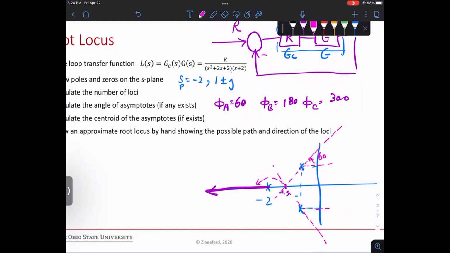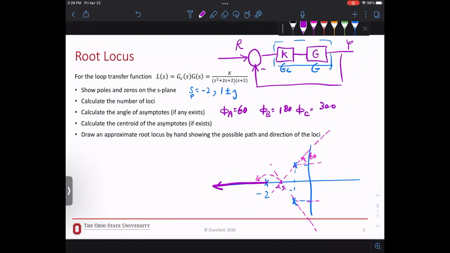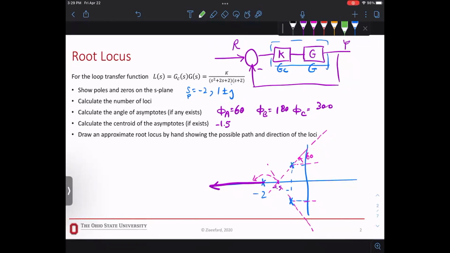So the centroid is negative 1.5. Now, here you have to guess how to plot it. You know that it is going to move along the asymptote, right? So there is going to be a crossover of the imaginary axis. We don't know exactly how it moves, but as long as you can draw something, because we didn't talk about angle of arrival or departure, as long as it looks like something like that, it's not crossing it.